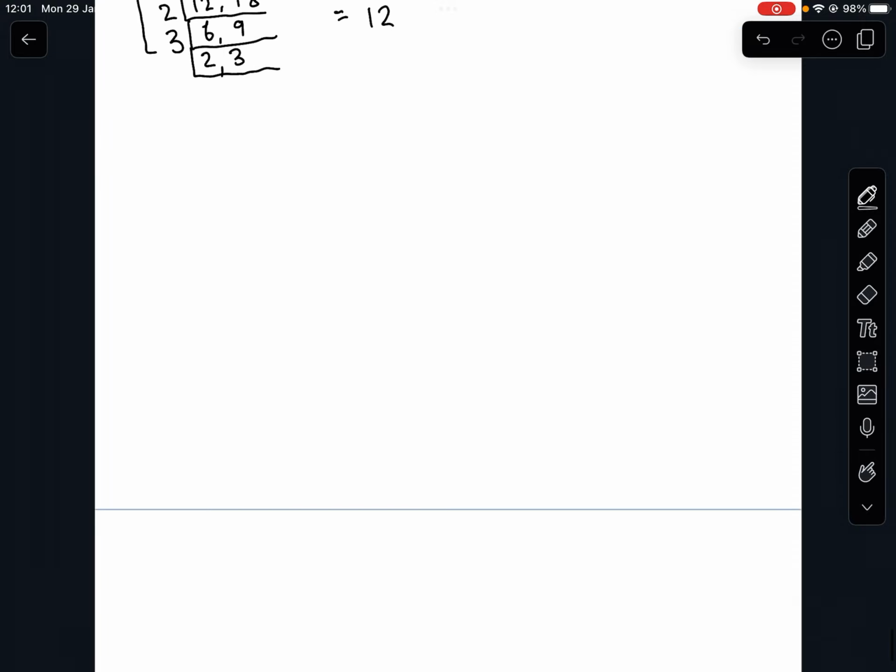Okay, problem 3. Find the HCF, find the GCF of 26, 16, and 18.